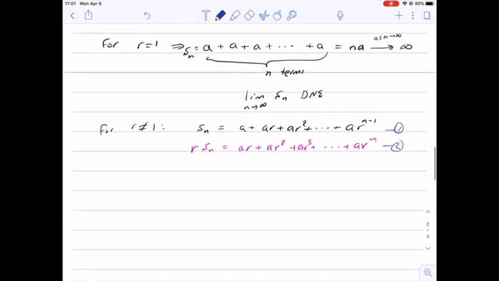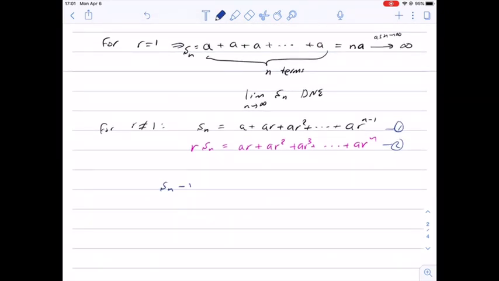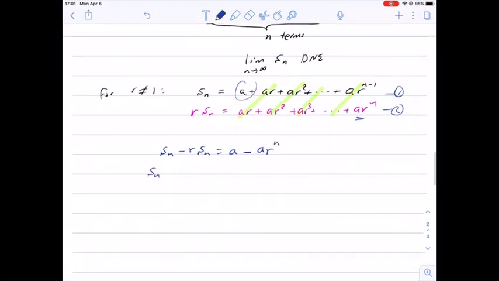Now, if we subtract 2 from 1, we get Sn minus rSn equals, now we cancel these terms, and we are left with the first term a minus, because we are subtracting rSn from Sn, we get minus ar^n.